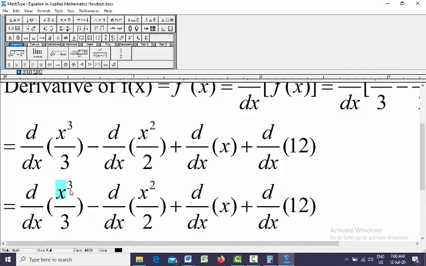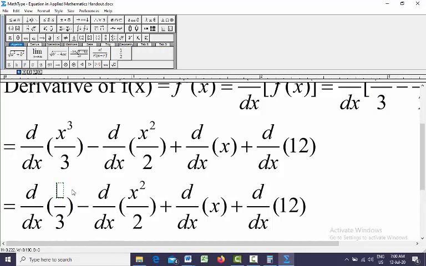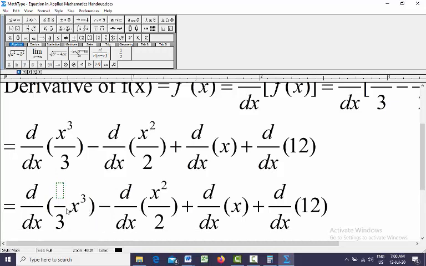So as I said before, this x needs to be filtered out. This x, the variable x, needs to be separated from the numbers.